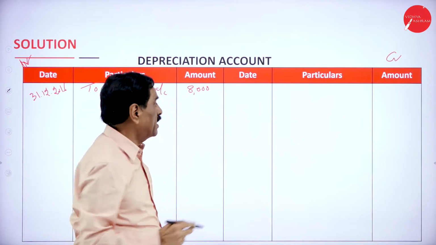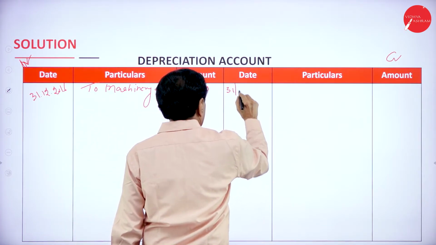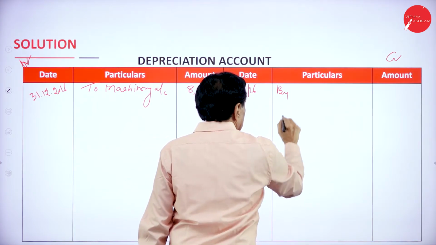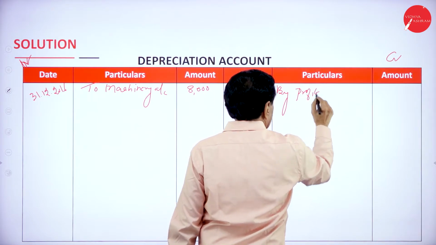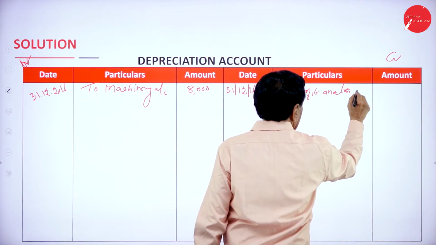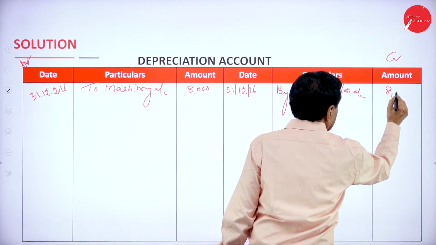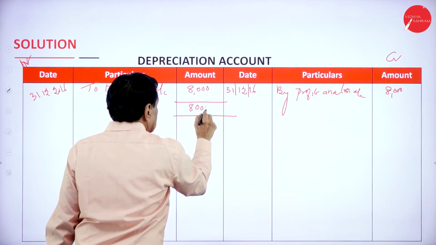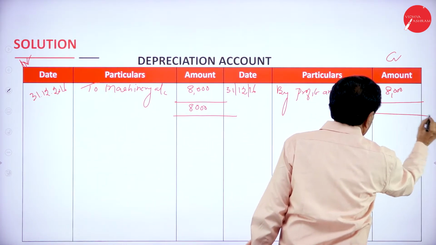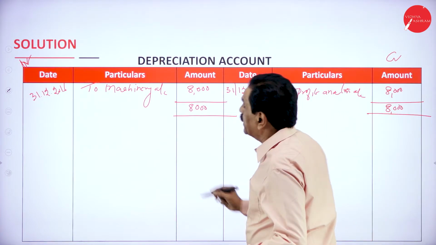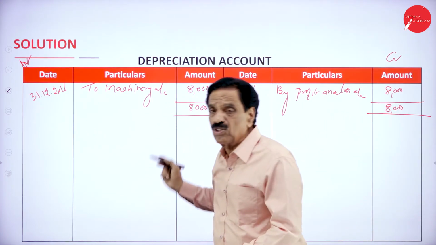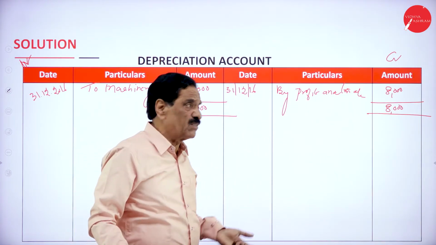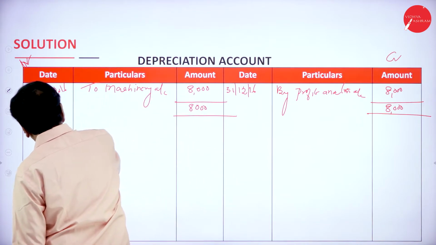Transfer to profit and loss account, 31st December 2016, by profit and loss account, 8,000. First year over. So, what's the entry? Depreciation account debit to machinery account. How much money? 8,000. Transfer to profit and loss account. First year over. Second year.